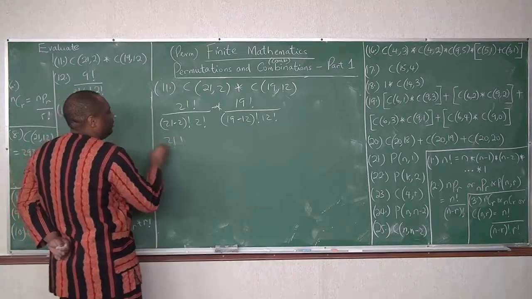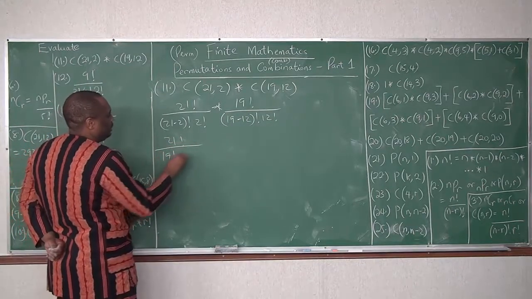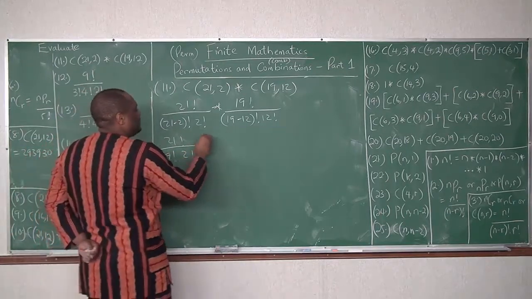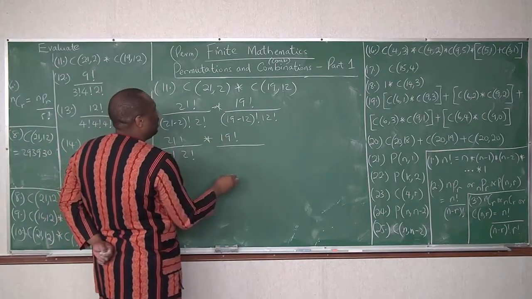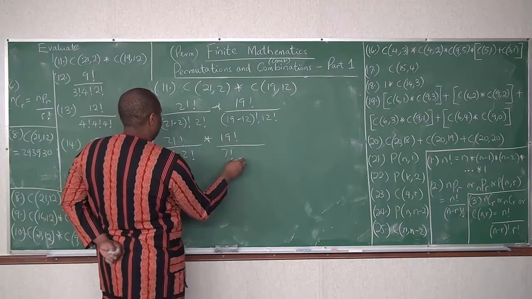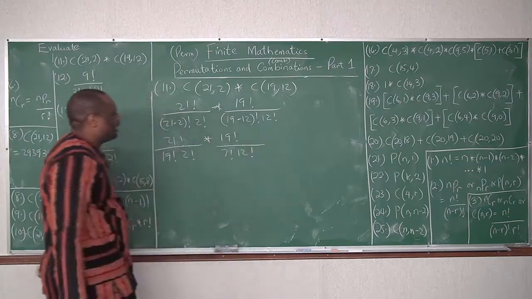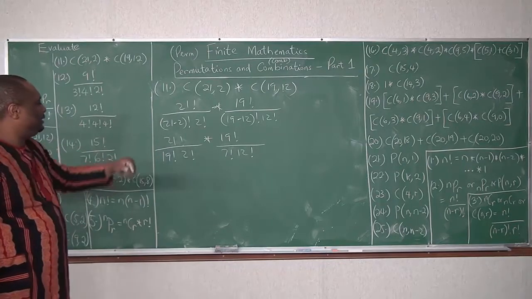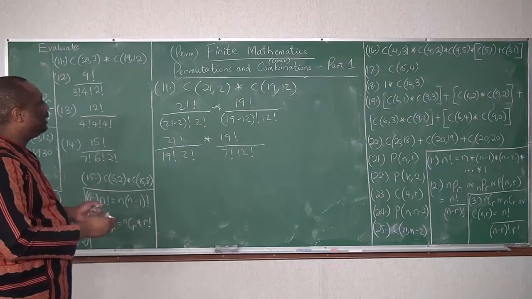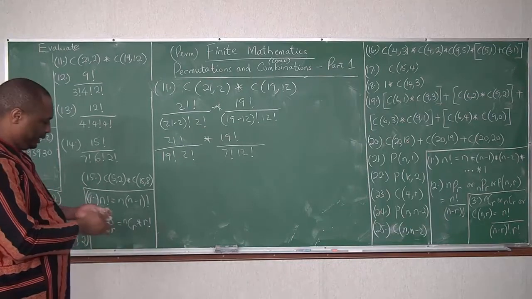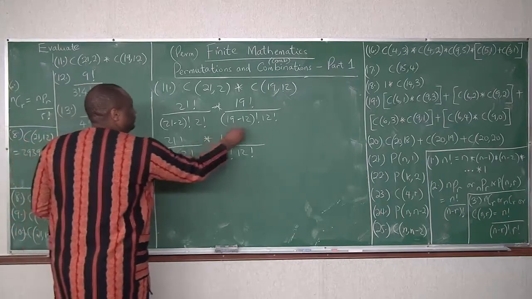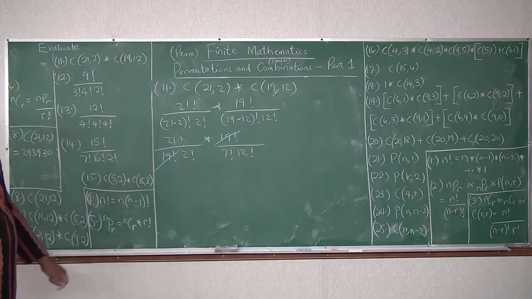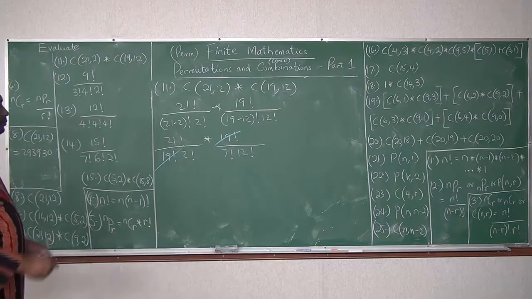So this is 21 factorial over 19 factorial, 2 factorial, since 21 minus 2 is 19, then times 19 factorial over 7 factorial, 12 factorial. Before we even begin writing this out, we can see that 19 factorial can cross out right away, because this is a multiplication of fractions.